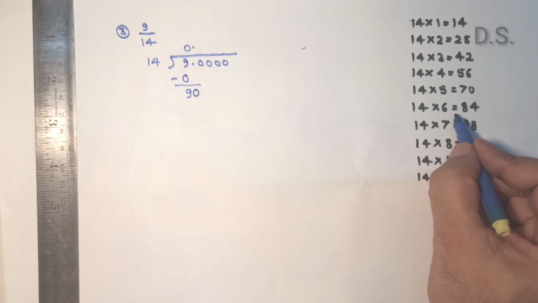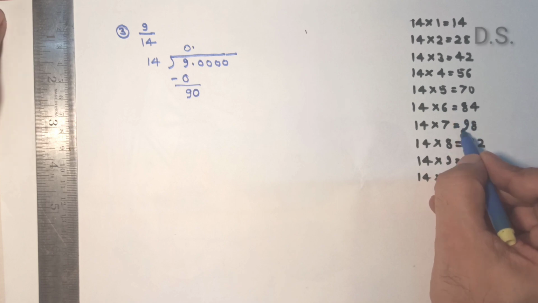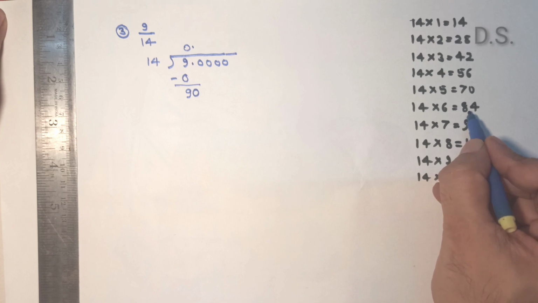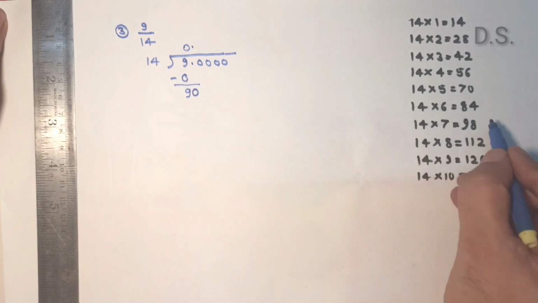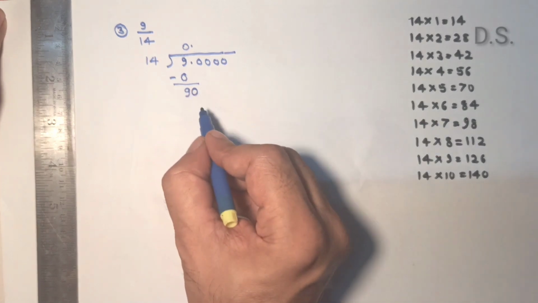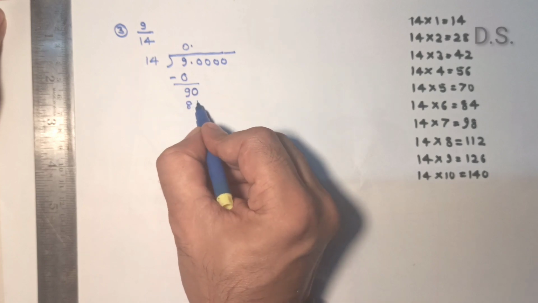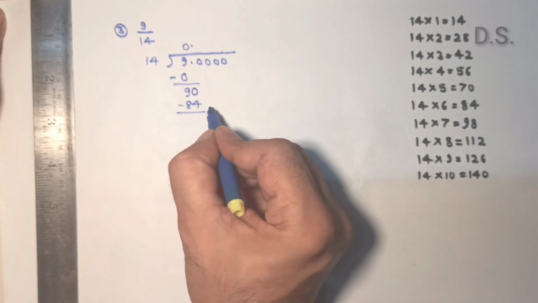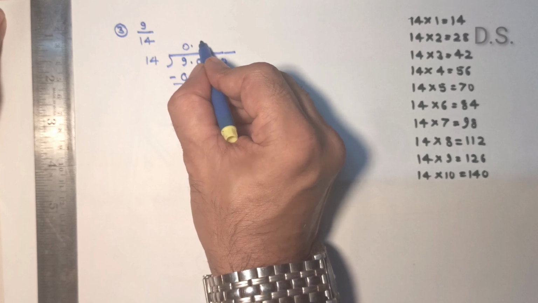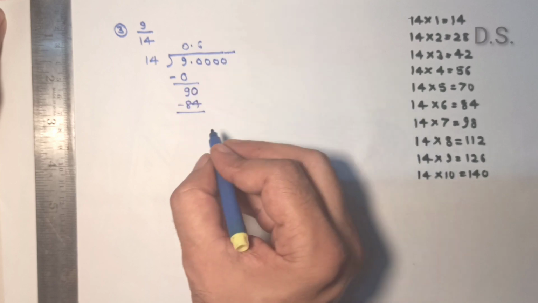Look at this. 6 times it is 84, 7 times it is 98. 98 is big, 84 is okay. So I'll write 84, which is smaller than 90, here, which is 6 times. So write 6 here and subtract.